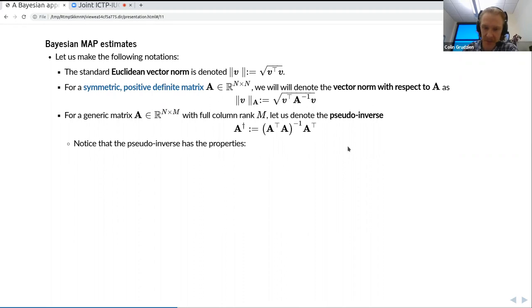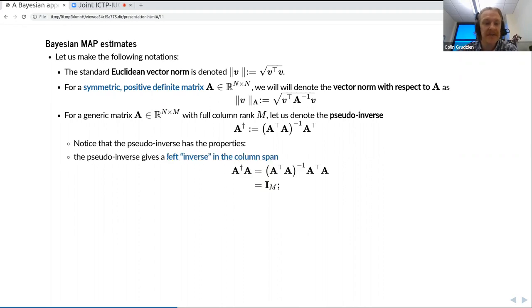We won't go into detail, but this gives a left inverse in the column span: if we apply A dagger to A, we have A transpose A inverse times A transpose A, and we've guaranteed the existence of an inverse because of the full column rank. So this gives an identity in the column dimension.